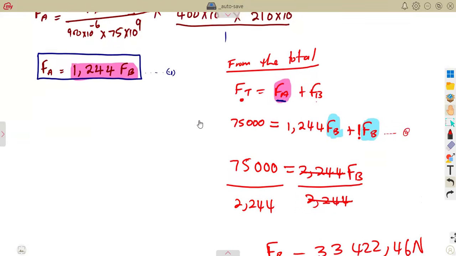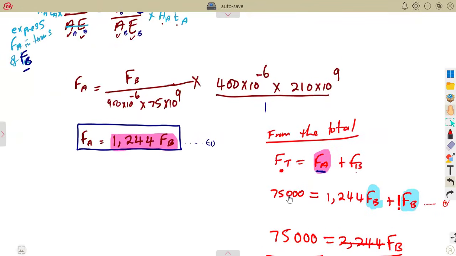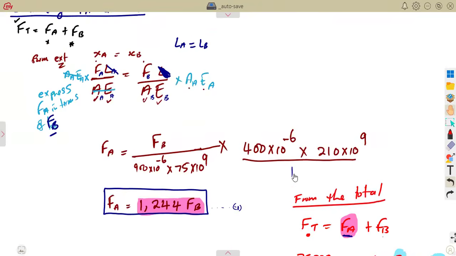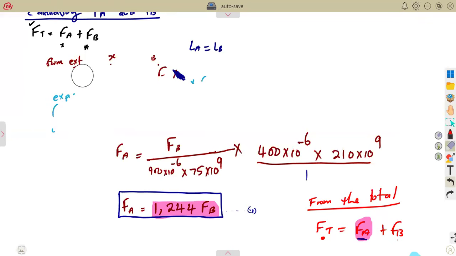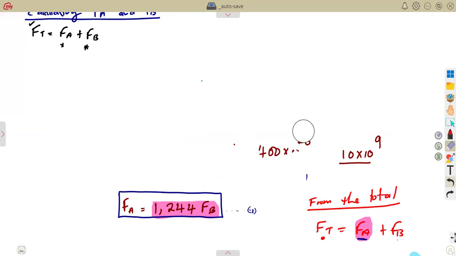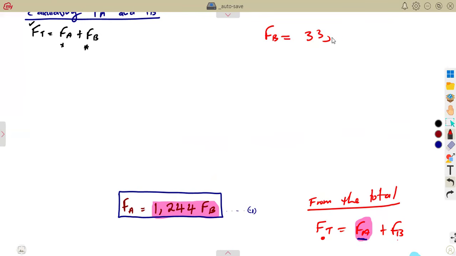With these calculations that we have, guys, all this manipulation from that extension, it is helping us to have one of the forces. So we have that force at B as 33,422 kilonewton.